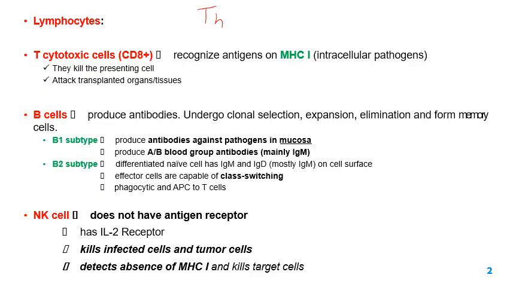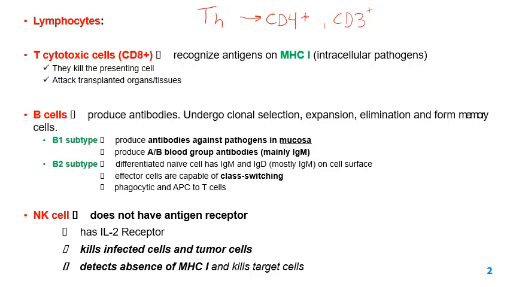Right. So for the T helper cell, they are going to have cluster of differentiation 4. They're going to be CD4 positive, and they are also going to be CD3 positive. Okay. So your T helper cells, there are many kinds of helpers.